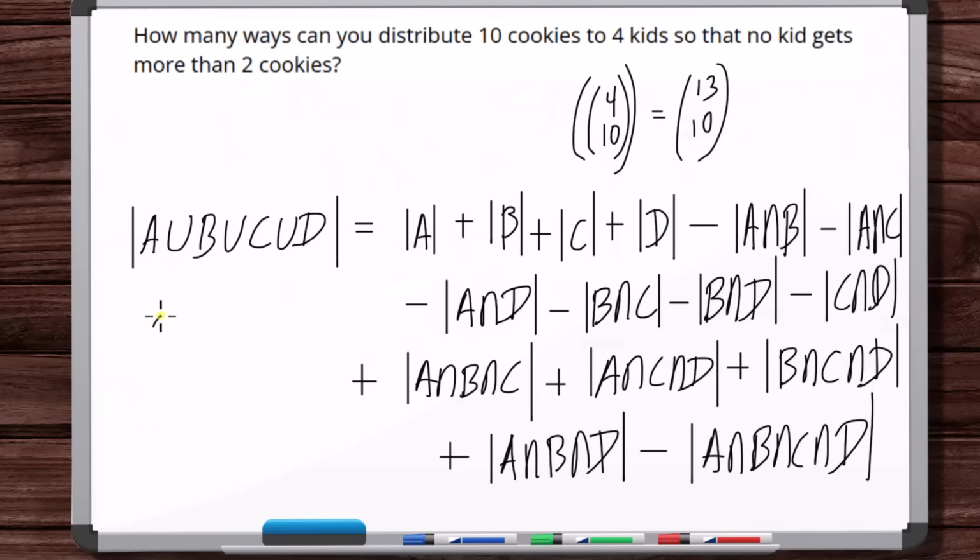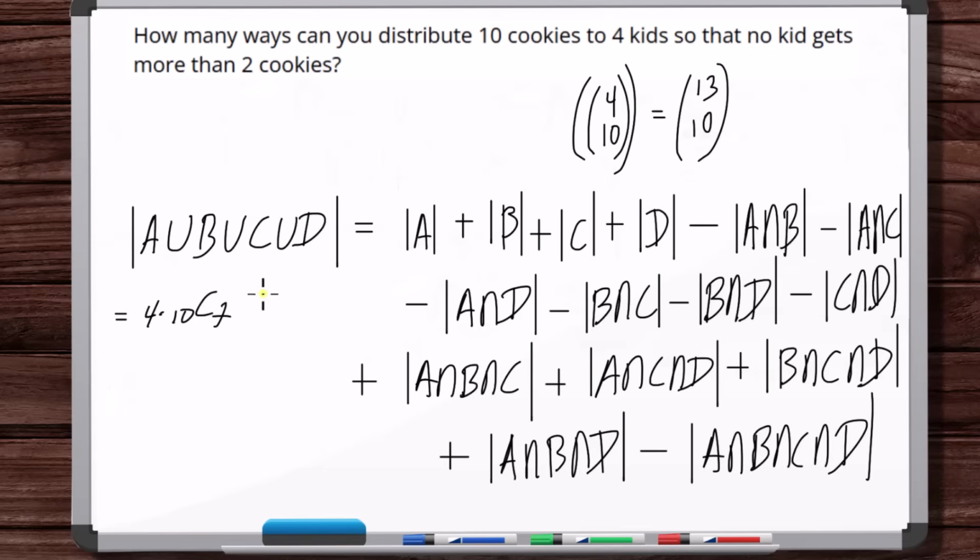You're choosing from 4 kids. Combinations with repetition. So that's 7 plus 4 is 11, minus 1 is 10, so 10 choose 7. And that's the exact same thing for B, C, and D. So what we've got is 4 times 10 choose 7.